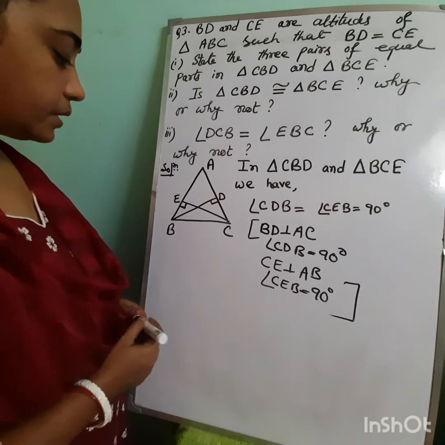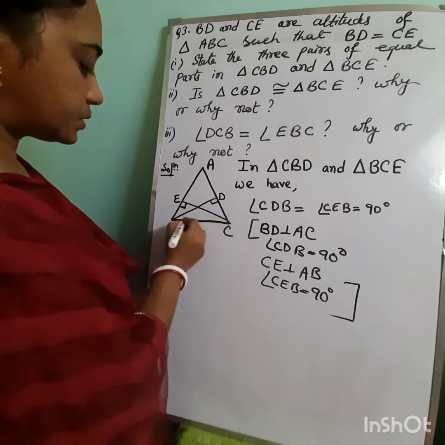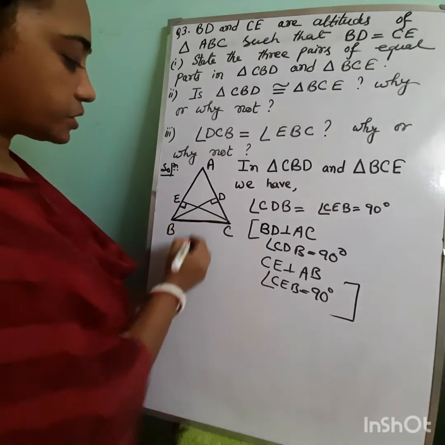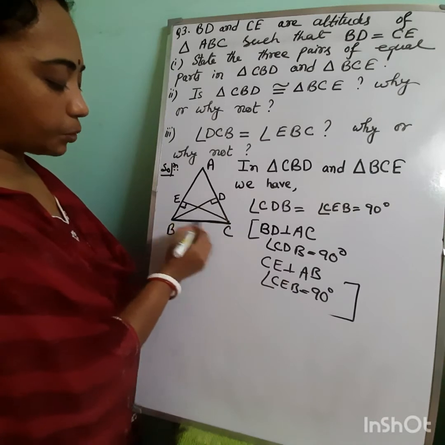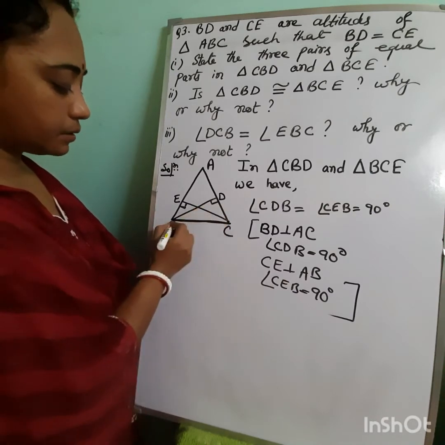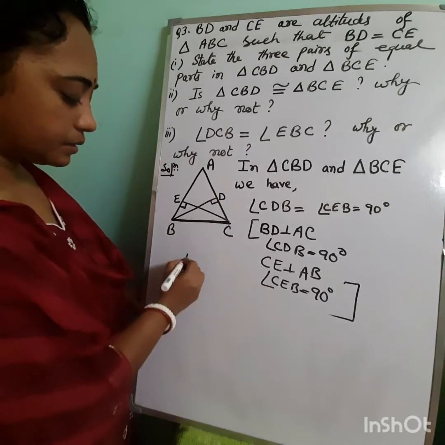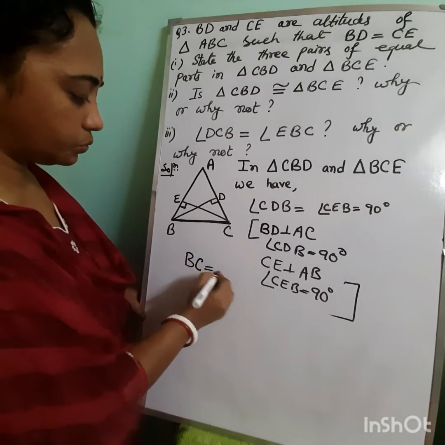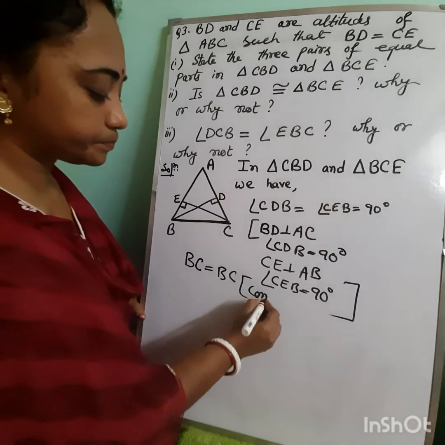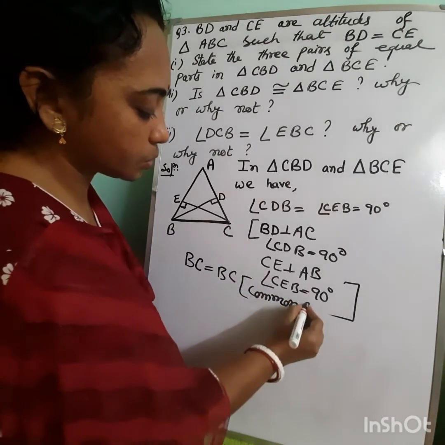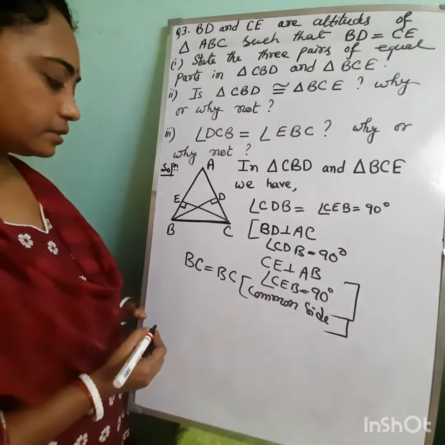Also from the figure, the side BC is common to both the triangles. Which is the hypotenuse, because the side opposite to the right angle is the hypotenuse, we know. So this is the hypotenuse of both the right triangles. So BC is equal to BC, which is the common side and also the hypotenuse of the right triangle.